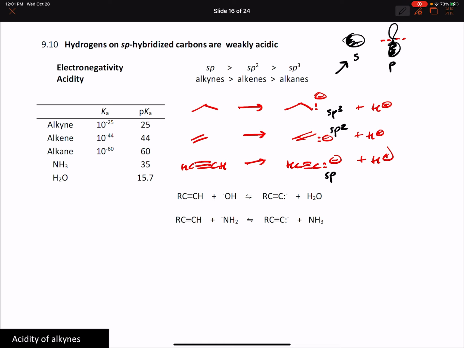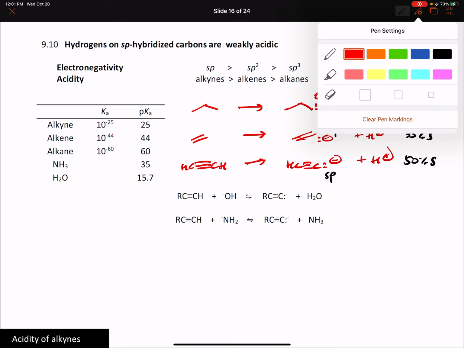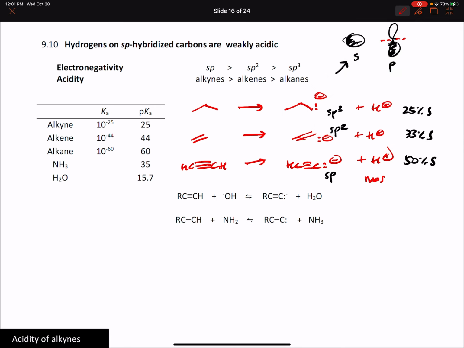An sp3 hybridized orbital is 1 part s, 3 parts p, so it's 25% s. sp2 is about 33% s, and sp is 50% s. So the more s character means most stable, and the more stable the conjugate base is, the more acidic the acid is.